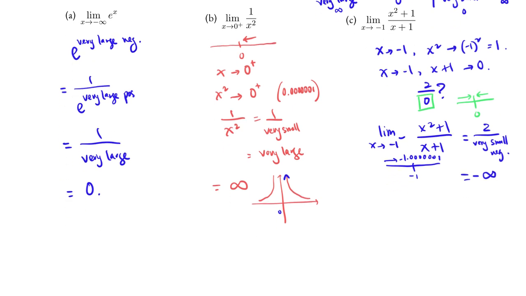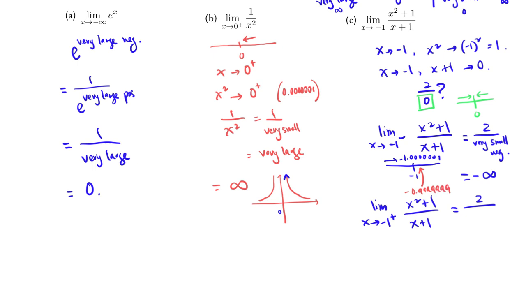Similarly, we will look at the right hand side limit, the limit as x goes to -1 from the right hand side of x squared plus 1 over x plus 1. A similar argument will give a 2 in the numerator, and in the denominator, this time, think of x approaching -1 from the right hand side as -0.9999999 and so on.